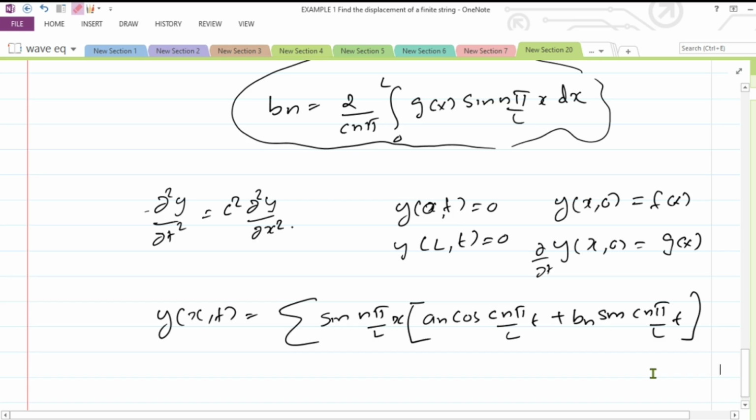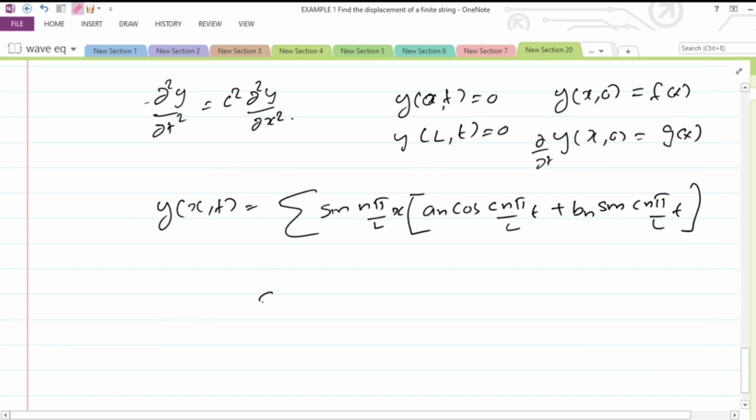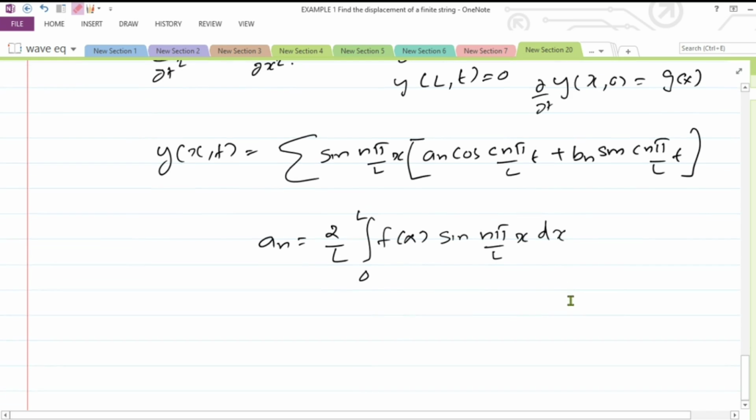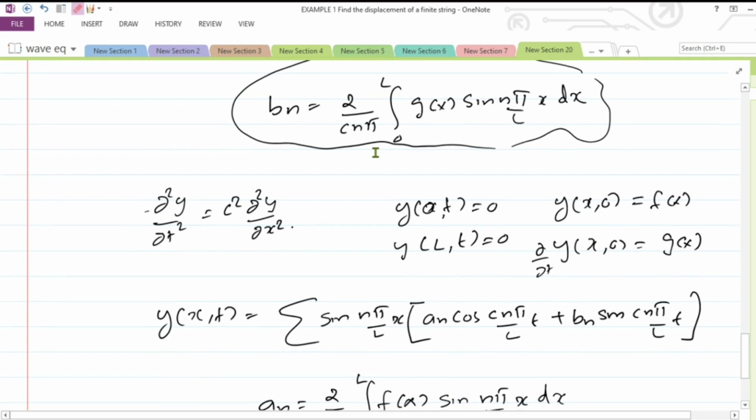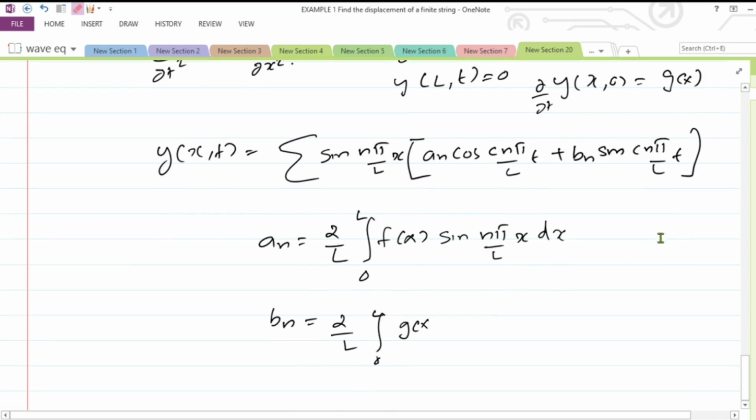where an is equal to 2 by l into the integral from 0 to l of f of x into sine n pi x by l dx, and bn is equal to 2 by, sorry, instead of 2 by l we have 2 by c n pi.